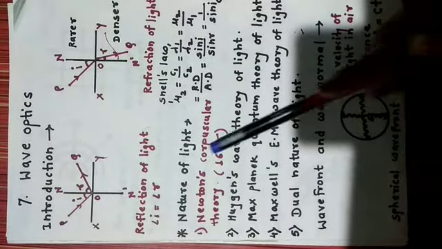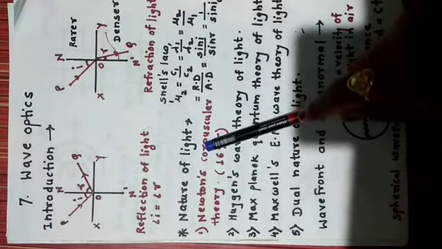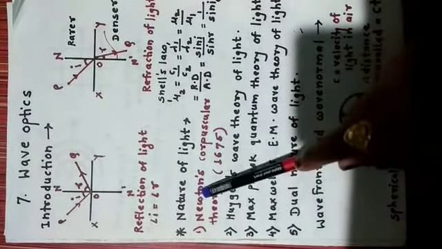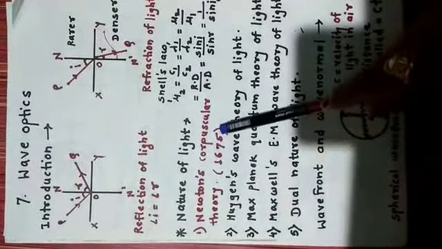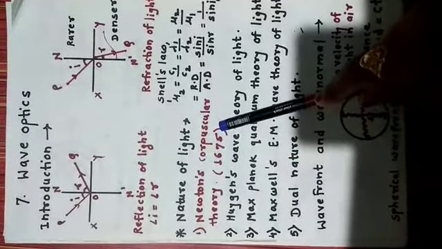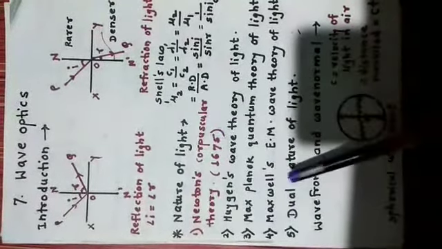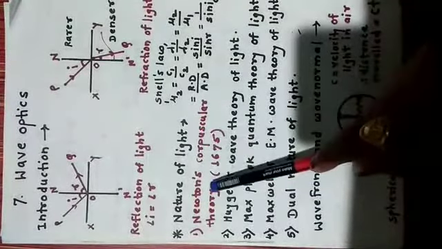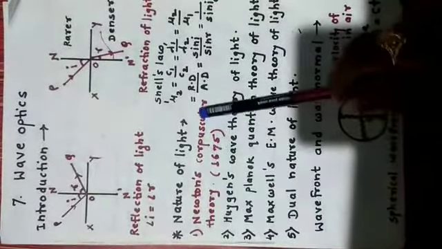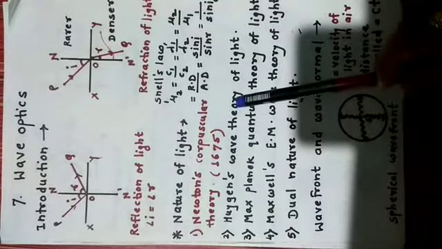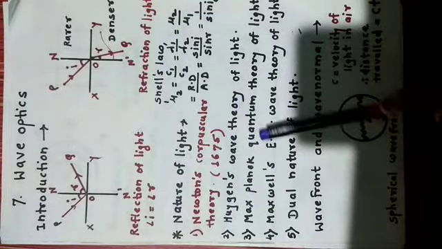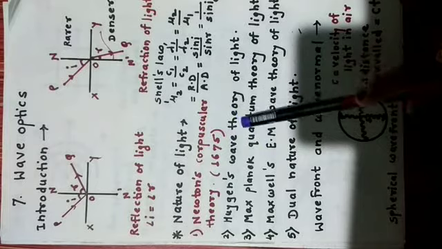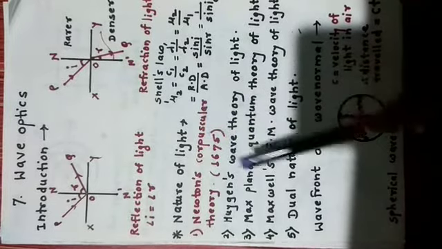But the very first theory, proposed by the scientist Sir Isaac Newton in 1675 in order to explain the nature of light, is termed Newton's corpuscular theory. Corpuscles means tiny particles which are rigid, elastic and massless spheres.